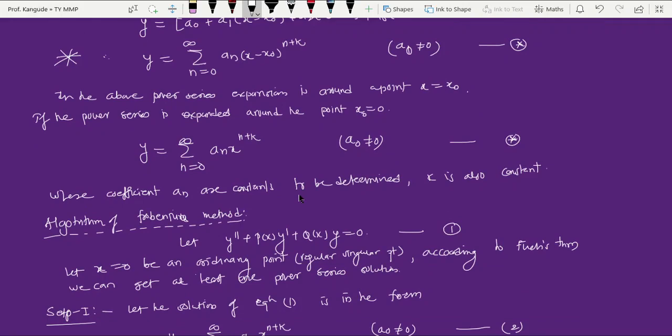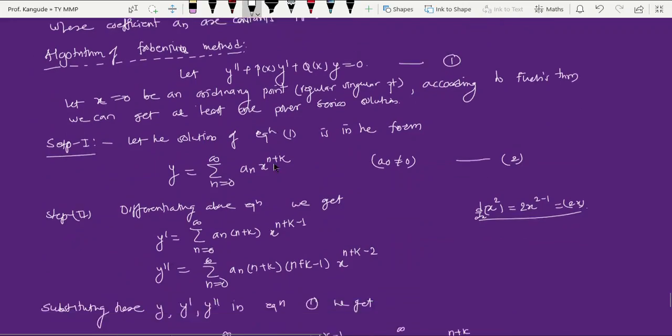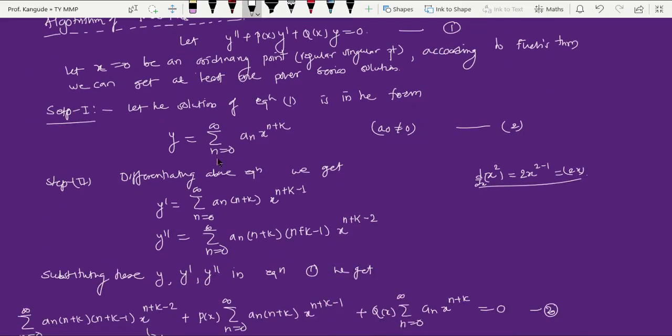Now for simplicity or understanding purposes, let's take x0 equal to 0, a point which is an ordinary point of the given differential equation. Then this power series gets converted into summation over n equal to 0 to infinity an times x raised to n plus k. Again, a0 is not equal to 0. So these two equations, here we start.